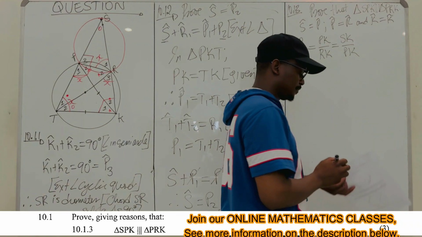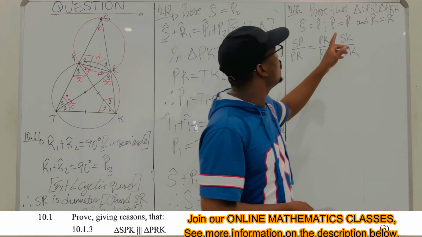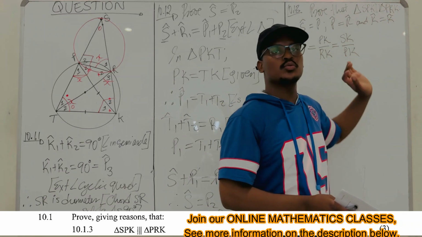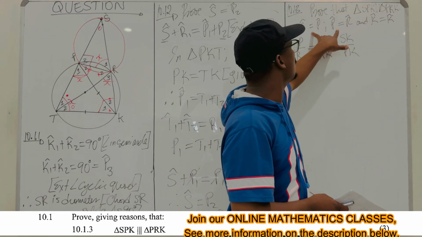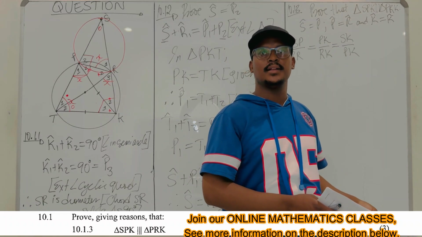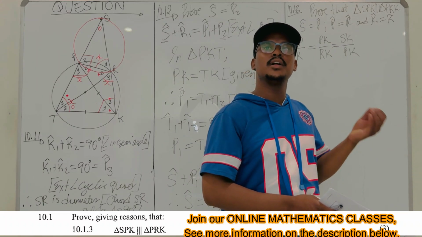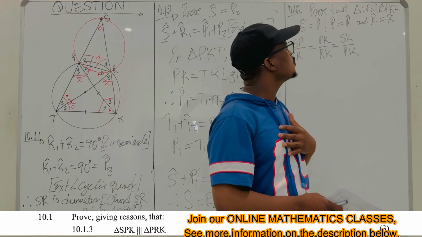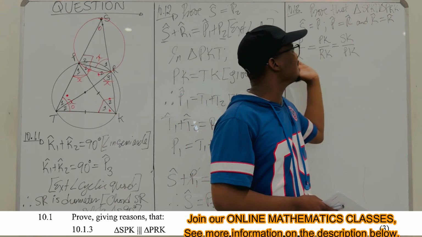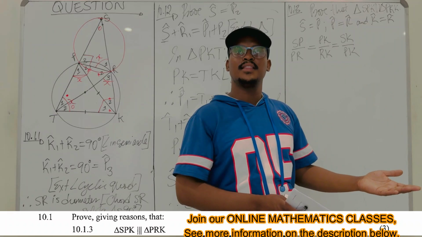If you can show this or this, it will do the work. You don't have to show both this way and that way. Just use one. Then you'll be done.